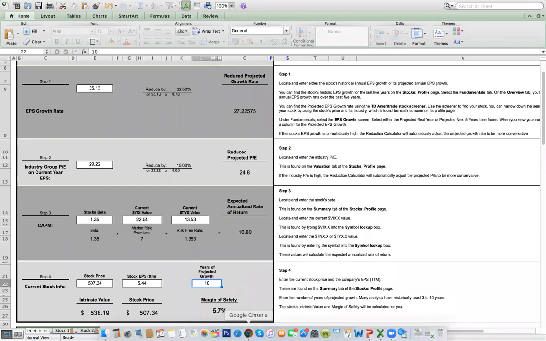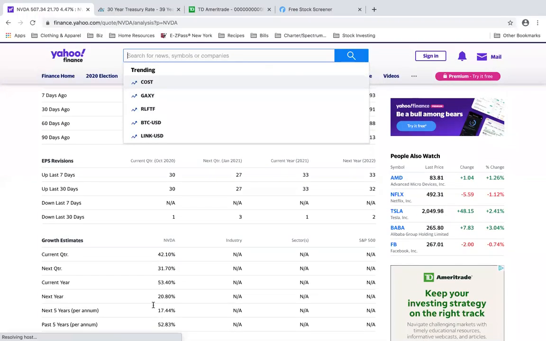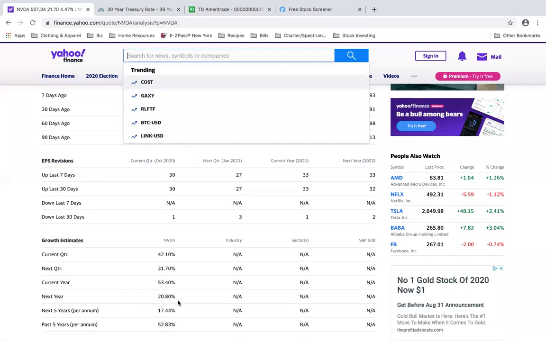They're just on a run. But that's why these two numbers need to be reevaluated: the past 5 years was at 52.83% and the next 5 years is 17.44.